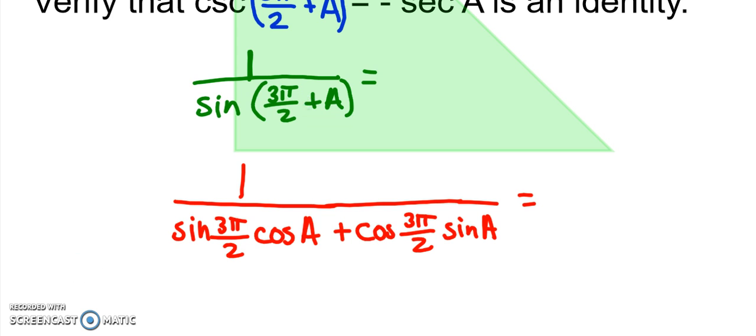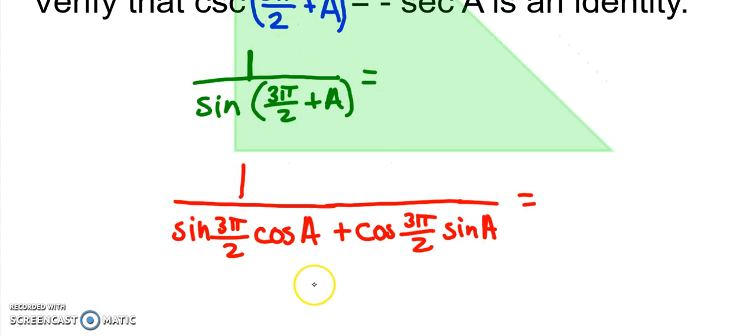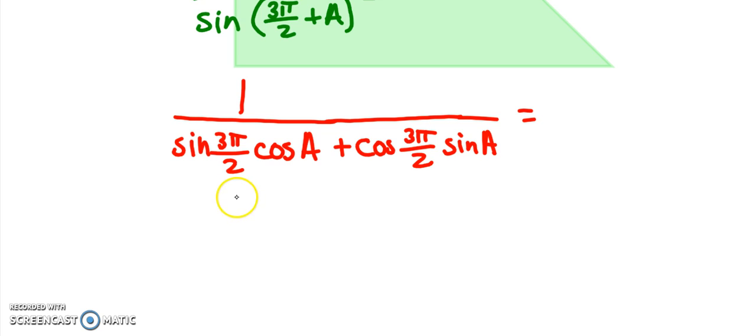All right, so we all should know these values by now because these are quadrantal angles, and they lie right on the axes of our unit circle. So if we have sine 3 pi over 2, our value is negative 1.